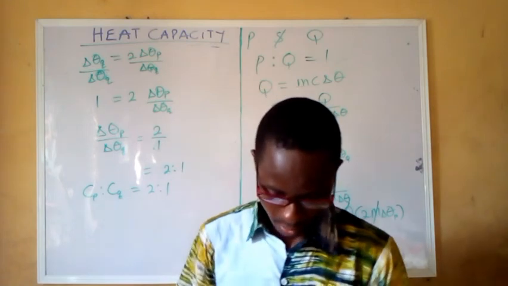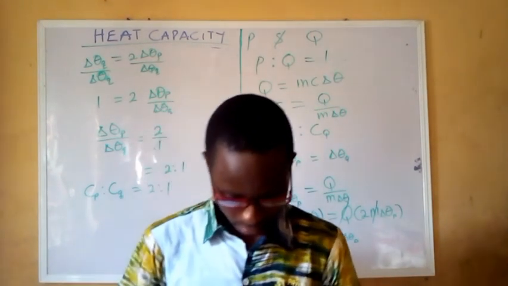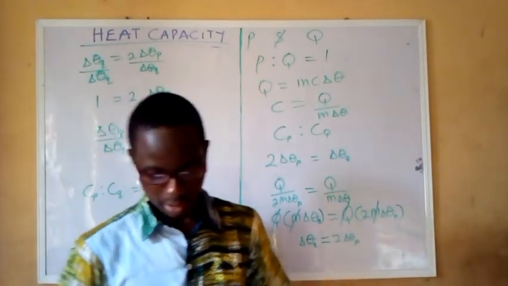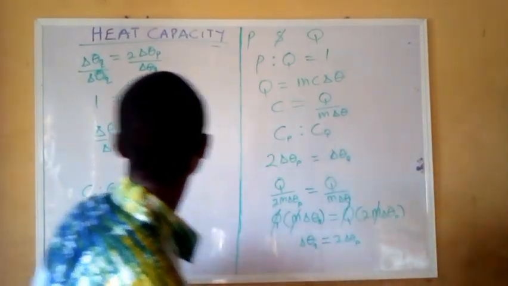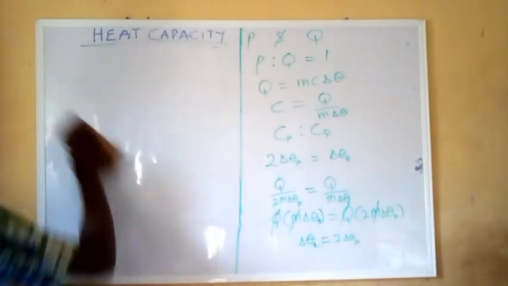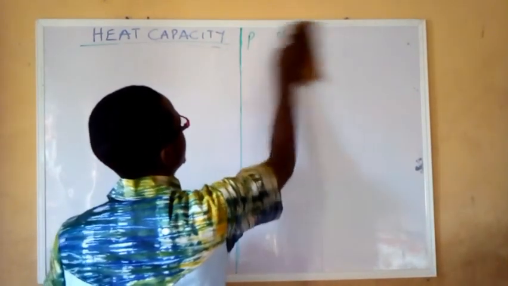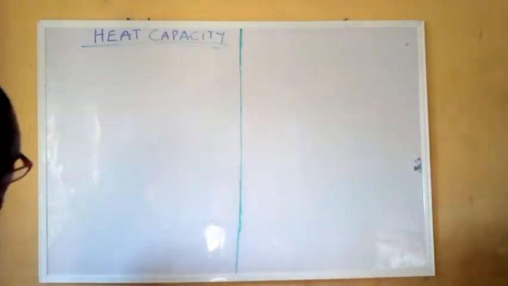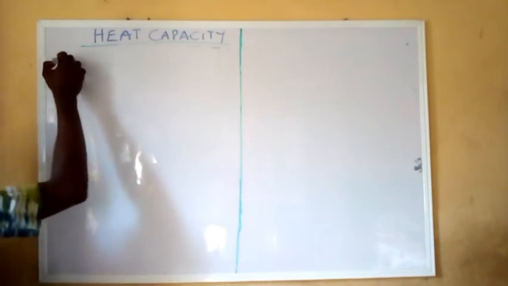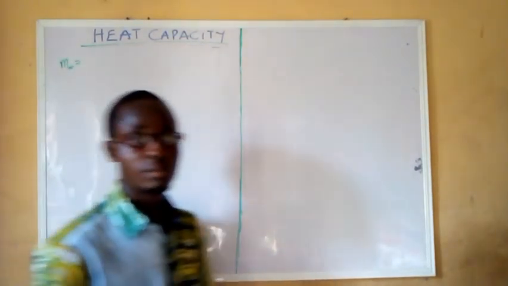Now, let's look at this question. A metal of mass, mass of metal, just to differentiate the masses.